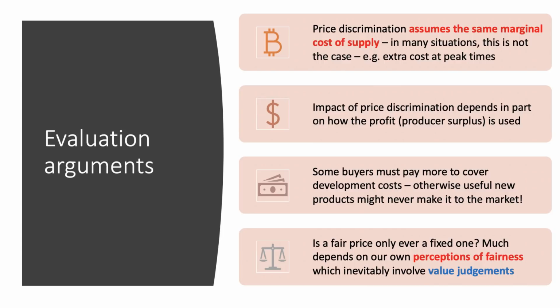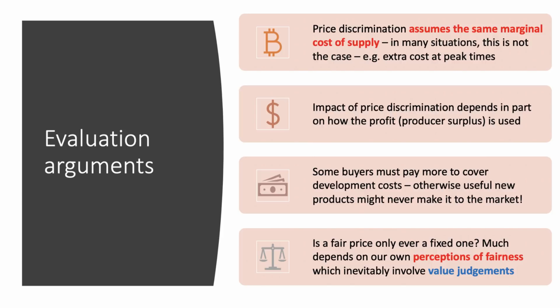The impact or the consequences of price discrimination depends again in part on how the profit is used. Does that money get funded for research and development, or does the extra profit go into executive pay packets? Another third point here is that some buyers ultimately have to pay a higher price to cover development costs.